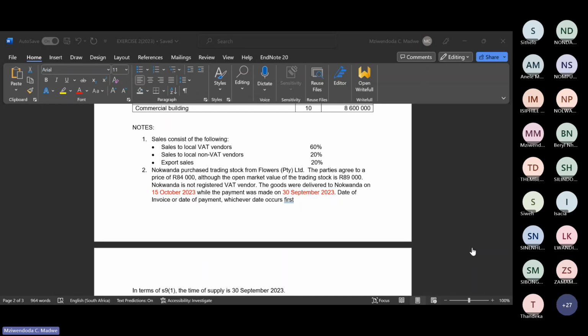So under section 9, there will be a special rule for connected persons. Can you please remind me what is the special rule for connected persons under section 9?